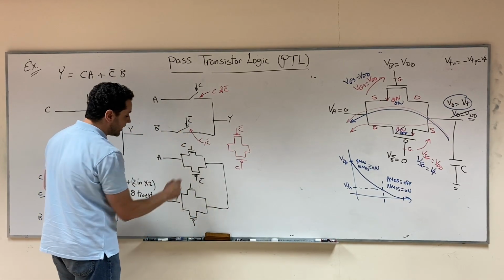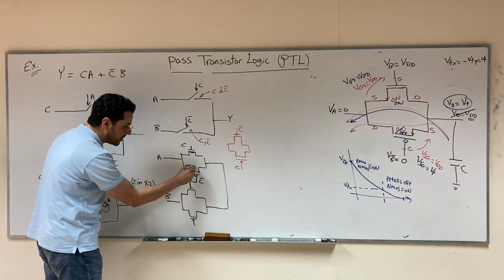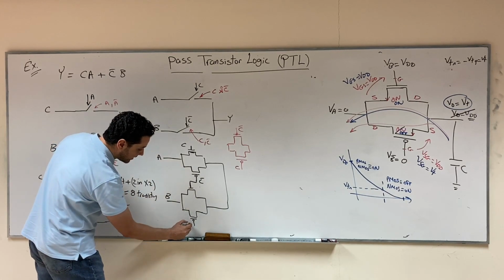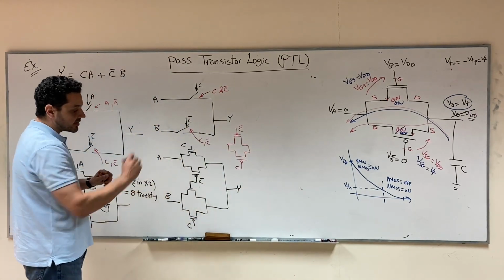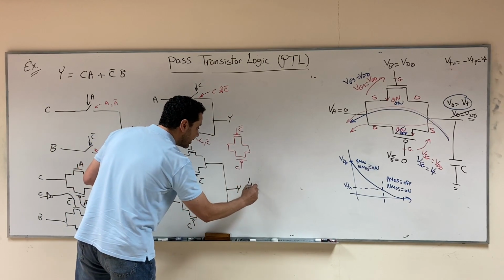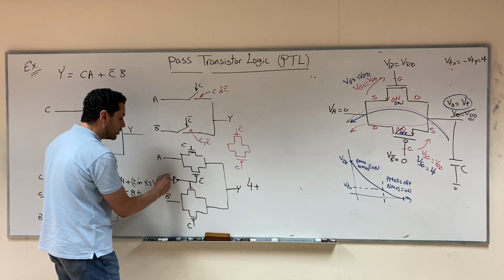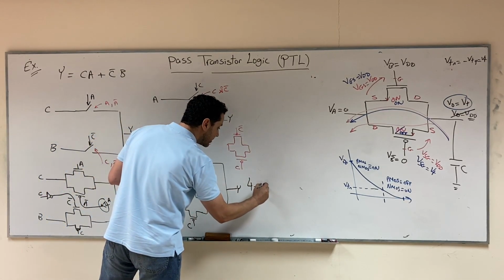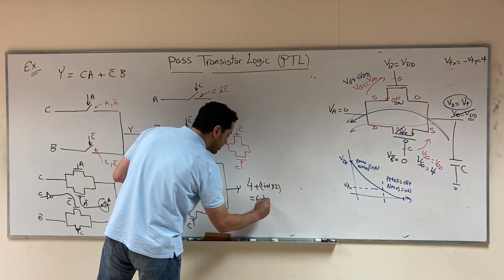And this switch is controlled by C bar, so the same C bar here can be used to control the p-mos of this transmission gate and the n-mos of this transmission gate. And here there will be C. And then this is the out. How many transistors did we use here? We used 4 transistors plus only 1 inverter. We needed to invert C only, right? So one inverter means 2 transistors, so this will give you 6 transistors total.